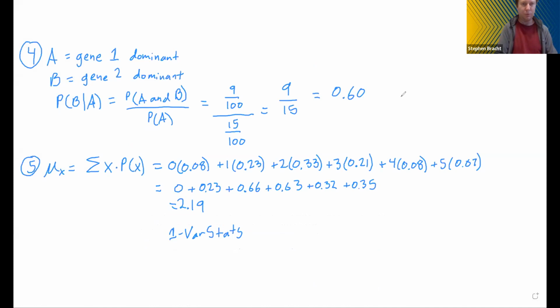I'm going to need a bit more room, so I'm going to clear this. So this is 6.